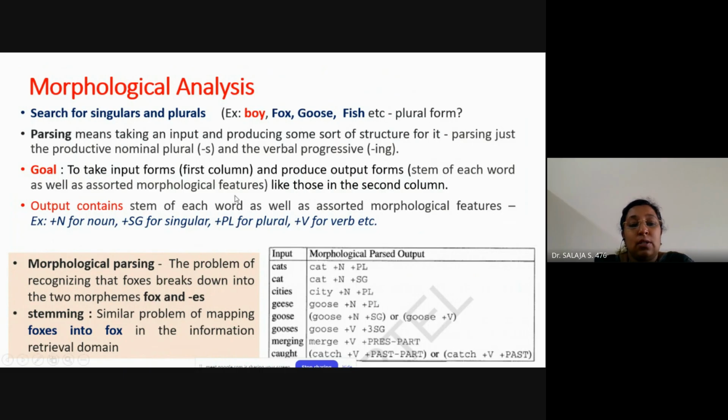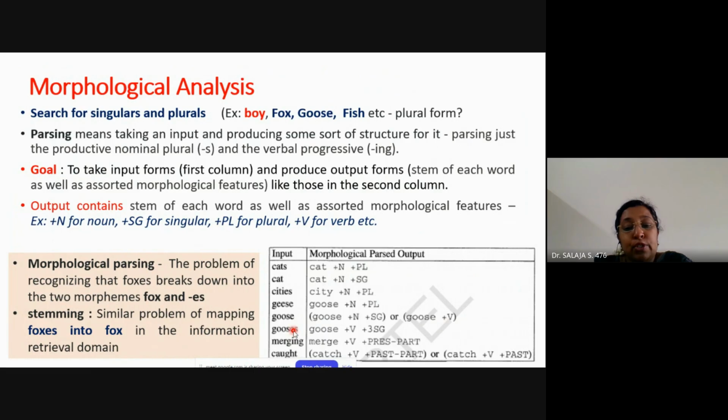So this is what is given here. It takes in the problem of recognizing that foxes breaks down into two morphemes, fox and es, and then you map it accordingly. Here it talks about cat, which is noun and plural, and goose, which gives two pieces of information.